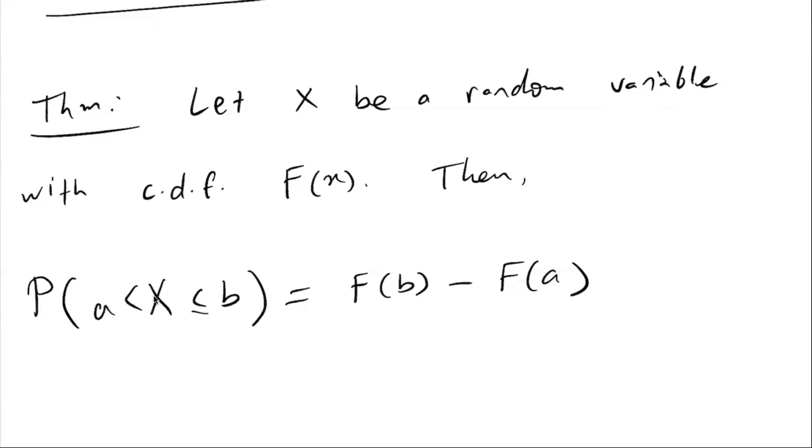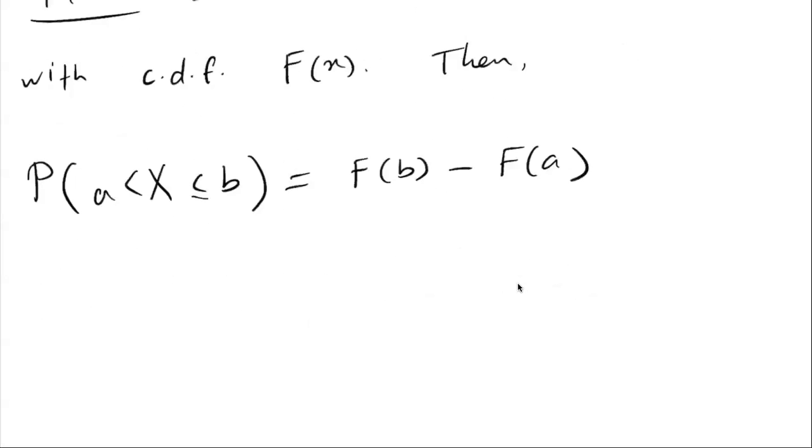So it doesn't matter whether we add a 0 or not. But in the case of discrete, it matters whether you say bigger than A or bigger than or equal to A. So here, the correct statement is X bigger than A, less than or equal to B. That can be written as F of B minus F of A.